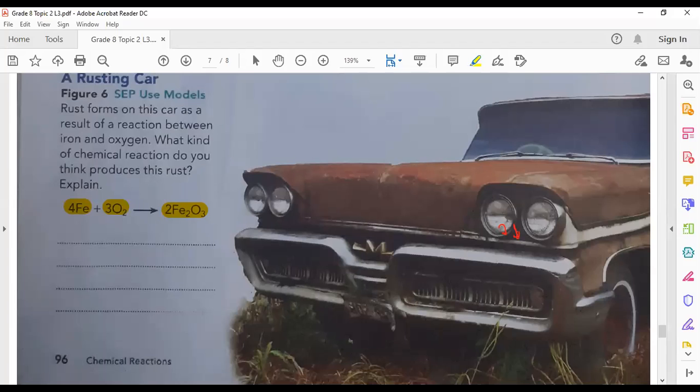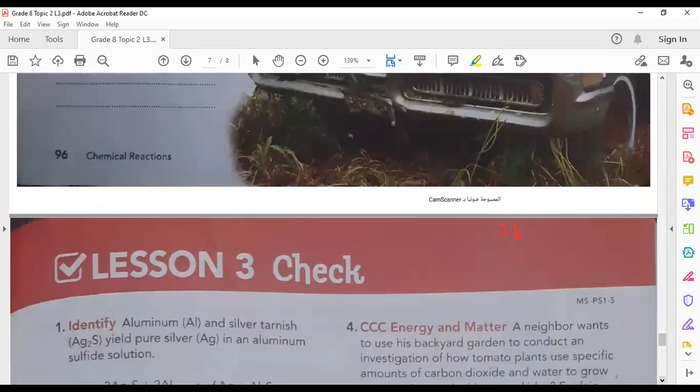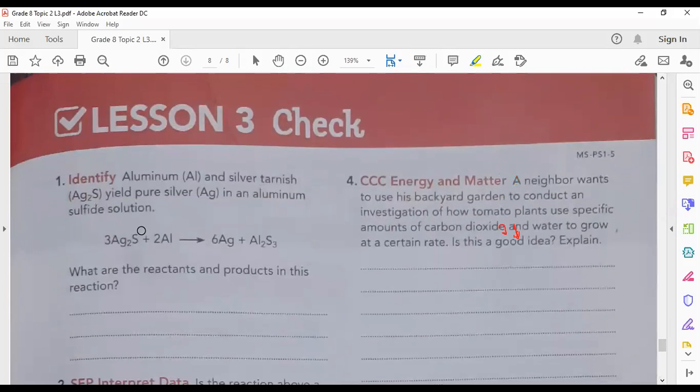Let's see the next exercise. This is aluminum and silver tarnish. It's made from silver and sulfur.